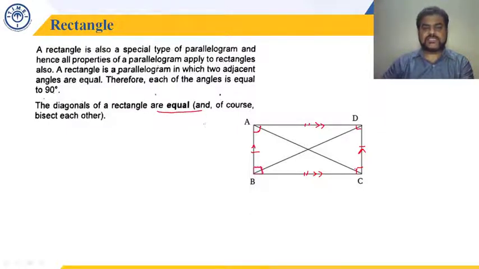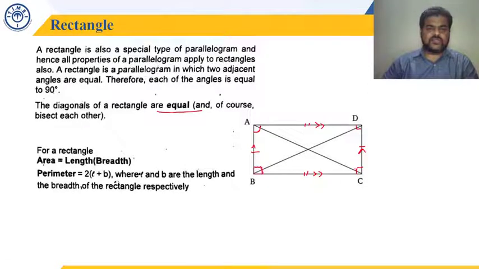Diagonals bisecting each other is the same as the property of the parallelogram, but additionally each angle in a rectangle is 90 degrees, and also diagonals are equal in a rectangle. Diagonals will not be equal in the case of a normal parallelogram. Okay. In case of rectangle, diagonals will be equal. In case of square also diagonals will be equal. But diagonals will not be equal in all parallelograms.